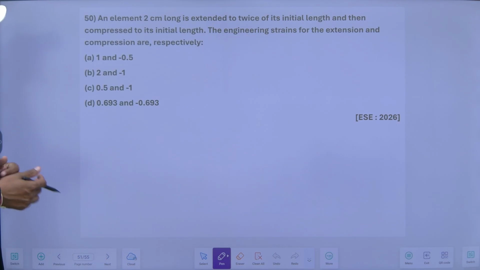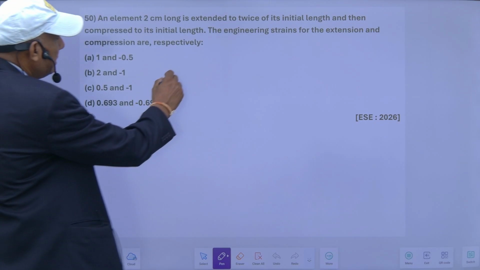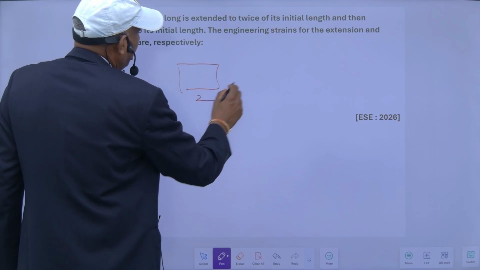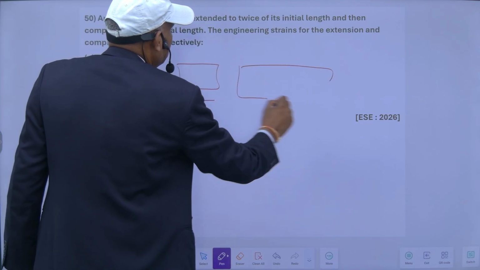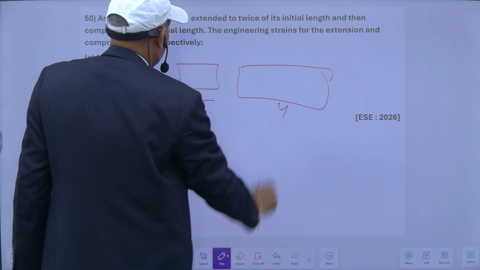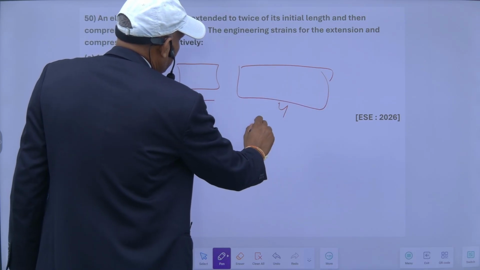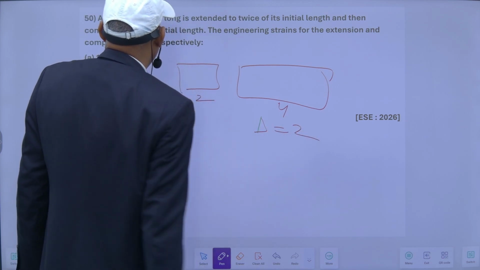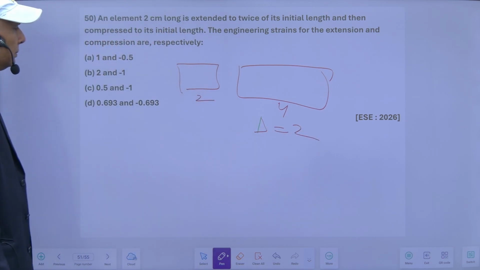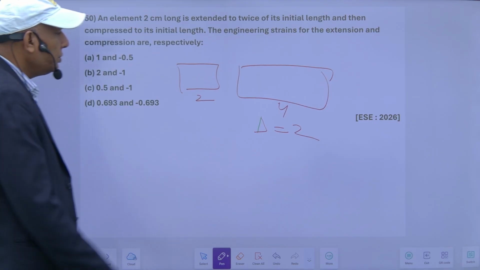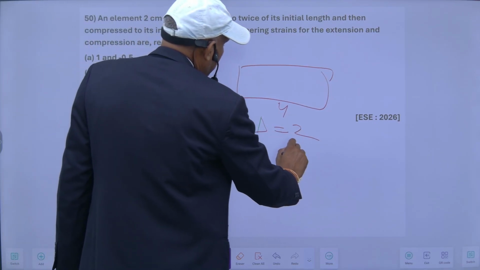An element of 2 cm is extended to twice of its length and then compressed to its original length. So this is 2 cm. After extension, it will become twice, means 4. So change in length is equal to 2 centimeter. So change in length 2 upon its original length.